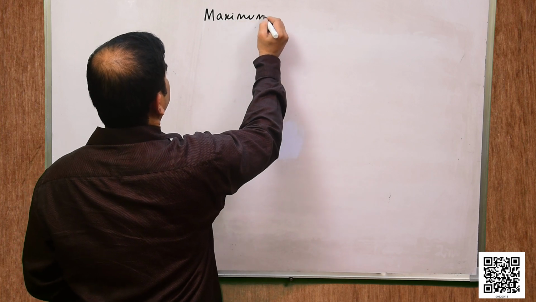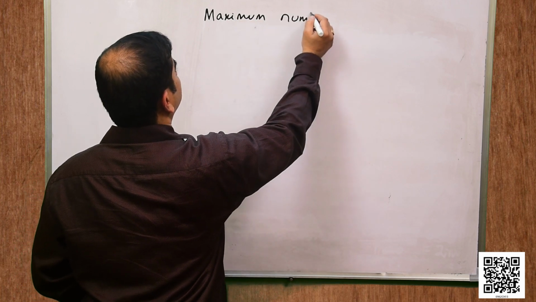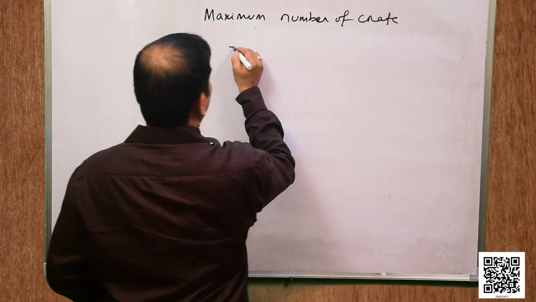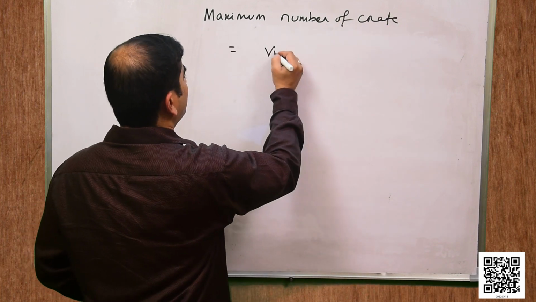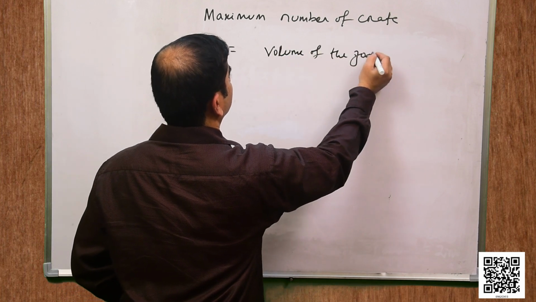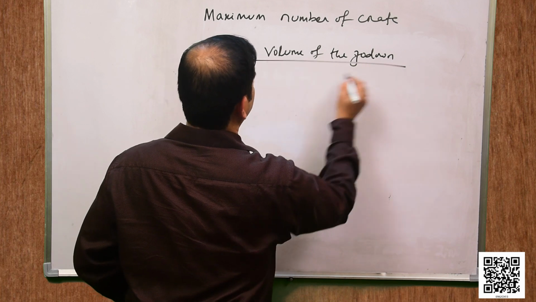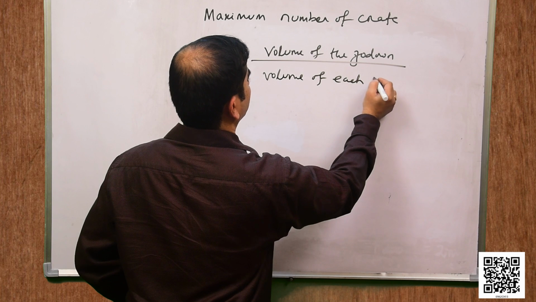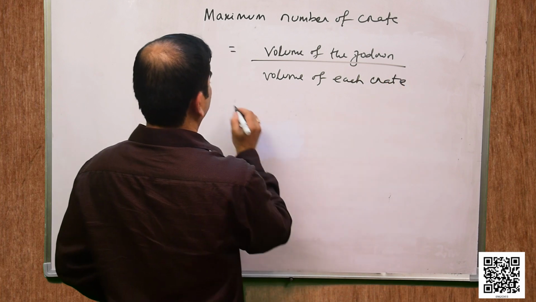Maximum number of crates is equal to volume of the godown divided by volume of each crate. Okay.